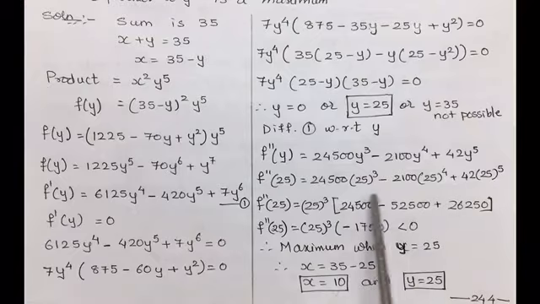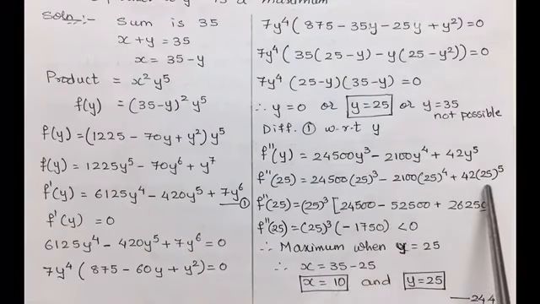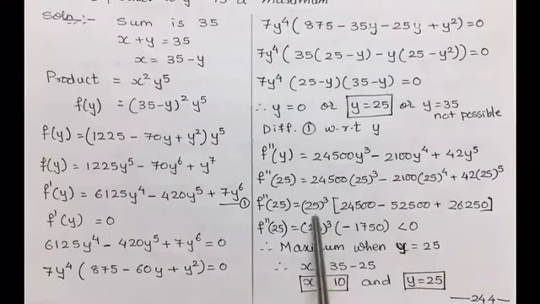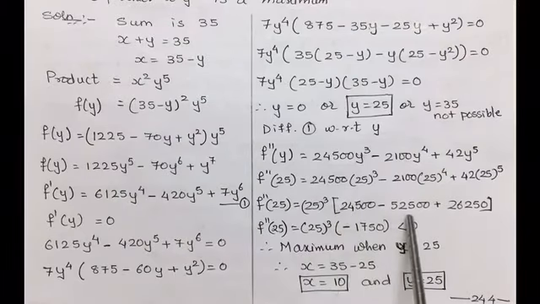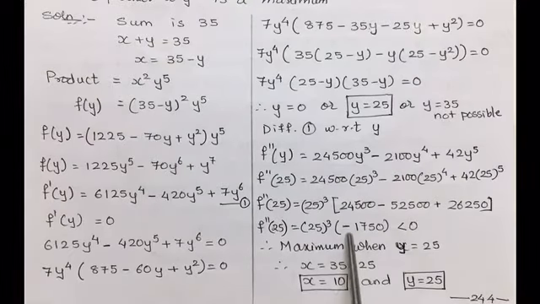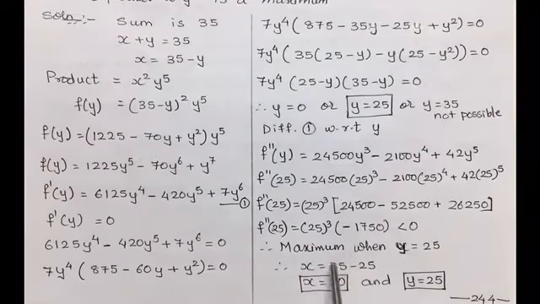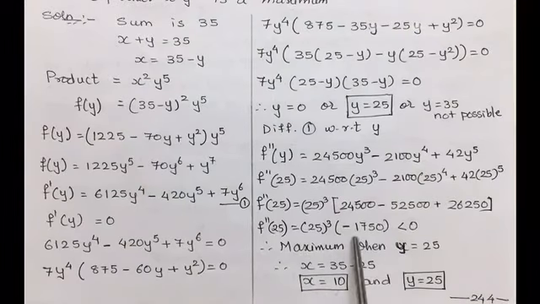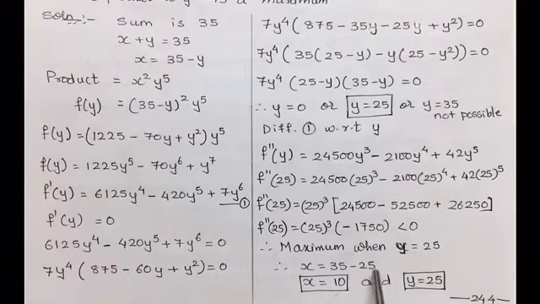Here if you want to minimize the calculation, you can take out 25 cube common. Whatever remains inside, you calculate it. Final answer should be negative because we have to maximize it. So we got here the final answer as negative. So it becomes maximum when y is 25.